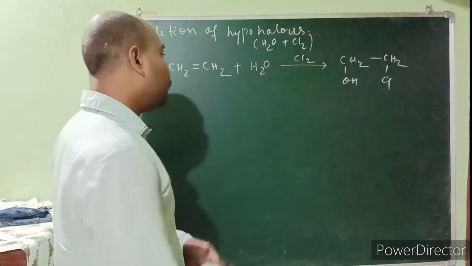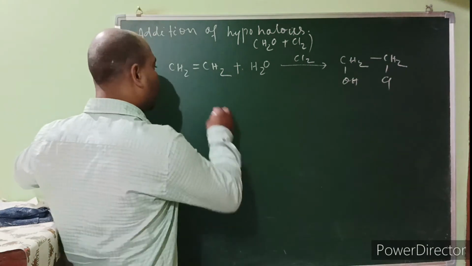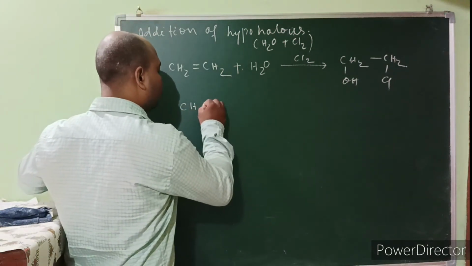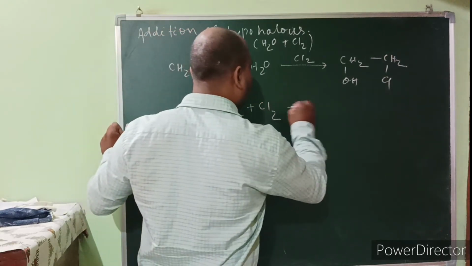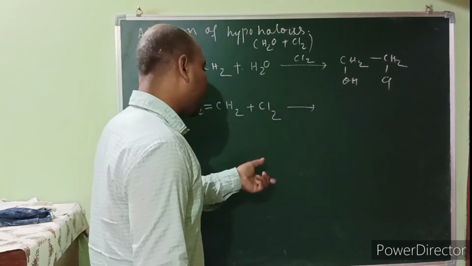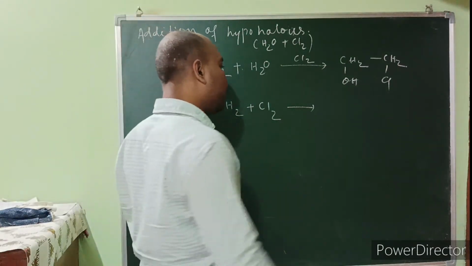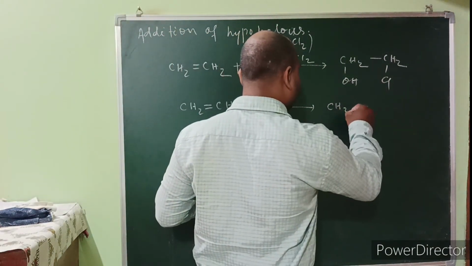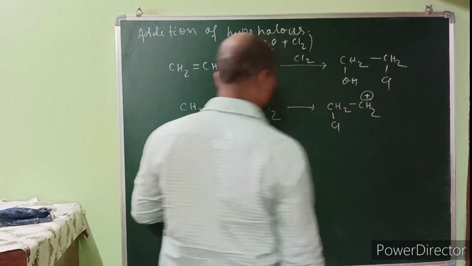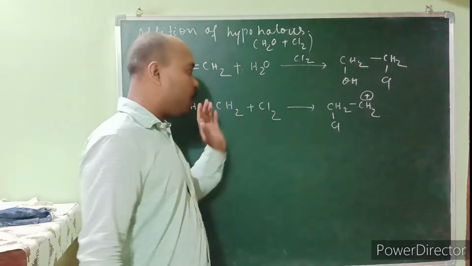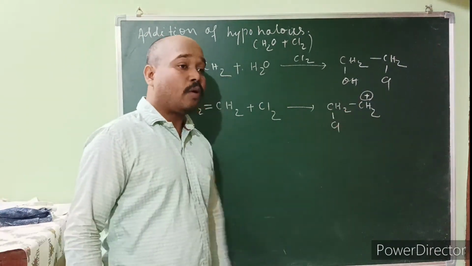Now find the mechanism. Chlorine will attack the alkene. In step 1, we will find that it will form a carbocation. Chlorine is electronegative, so it will withdraw one electron from here to get CH2Cl, CH2 positive. So in this first step, we found that it is forming a carbocation.